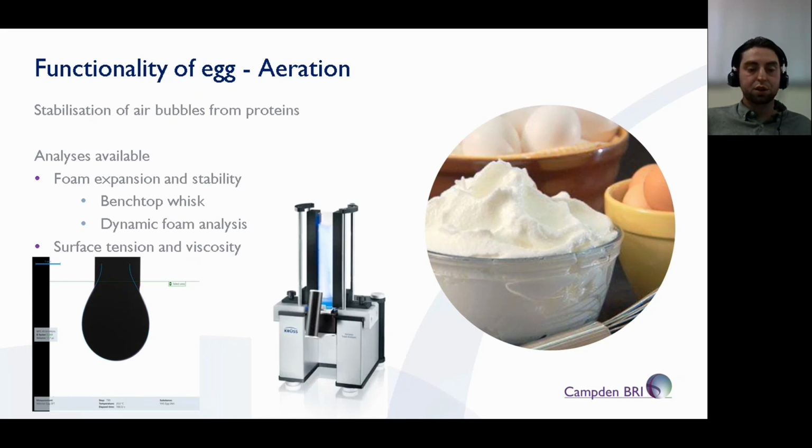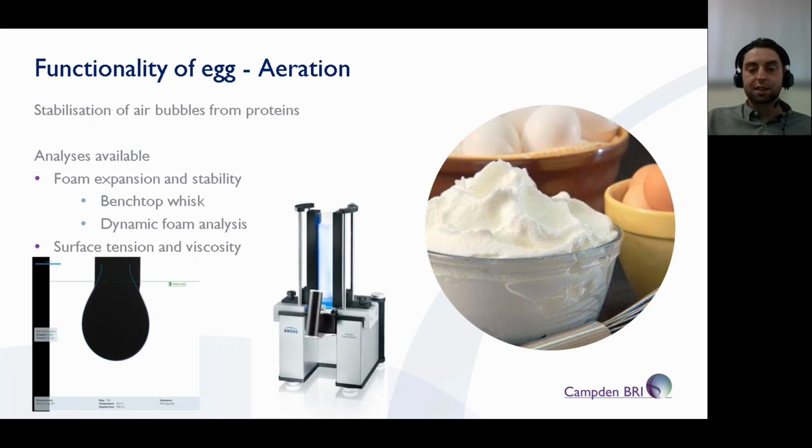One simple way is using a benchtop whisk, a simple home style whisk, KitchenAid, Kenwood, other brands are available. And you whisk it for a consistent amount of time. You can then take the egg and measure the overrun. So if you have a pourable foam, you may be able to pour it into a measuring cylinder and measure the foam.